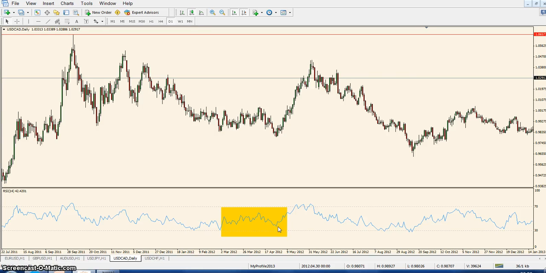Remember, RSI will go flat only if the market is either flat or it is in strong continuation movement in one direction. In both those cases, I will recommend that you do not use this strategy, because when the market is like that, you will either not find a trade, or if you find one, you probably will end up on the wrong side of the trade. So in this kind of situation, I will not recommend you to use this strategy.